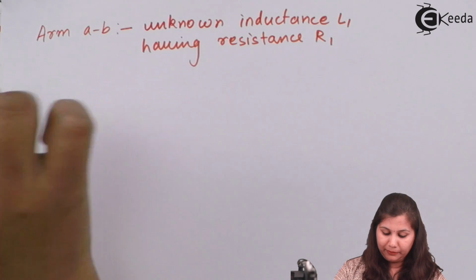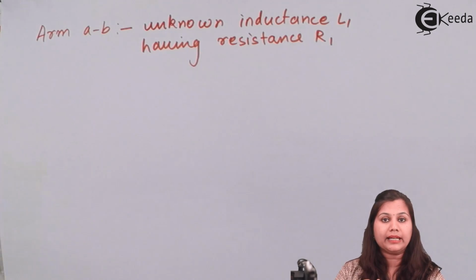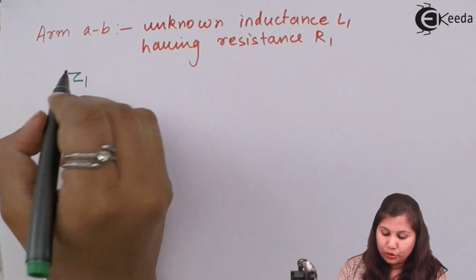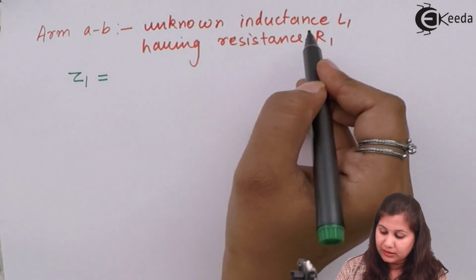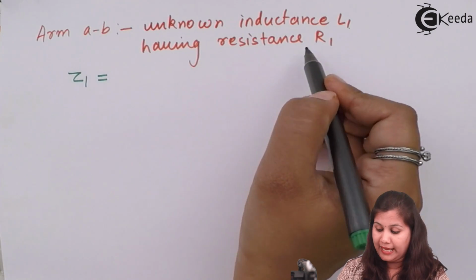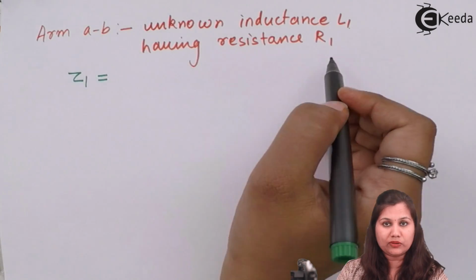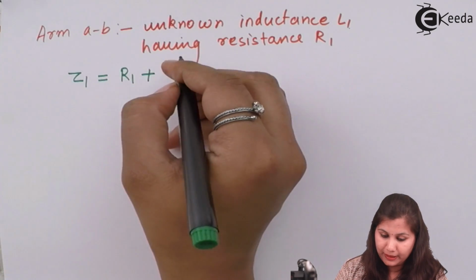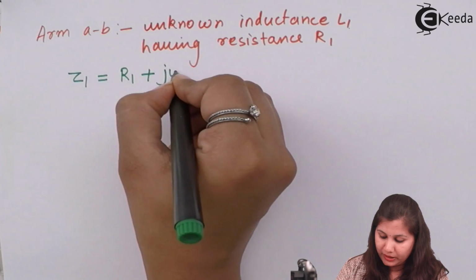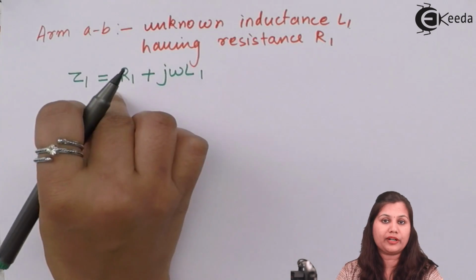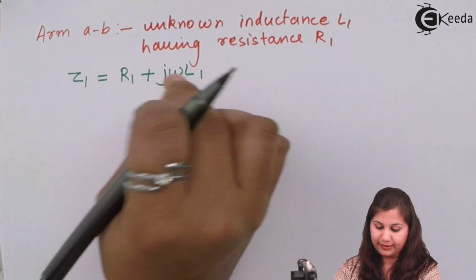This arm AB is the impedance Z1, which will be the equivalent impedance of L1 and R1. As they are connected in series, Z1 will be equal to R1 plus j omega L1, a series combination of a resistance and an inductance.